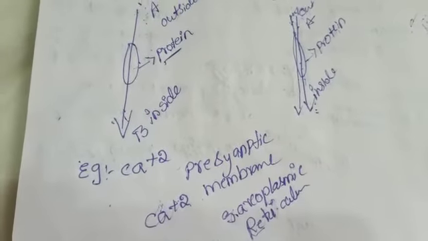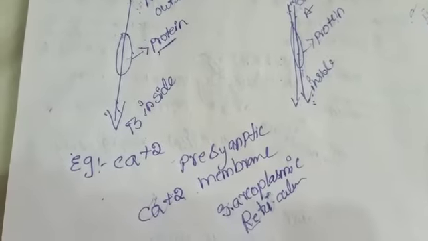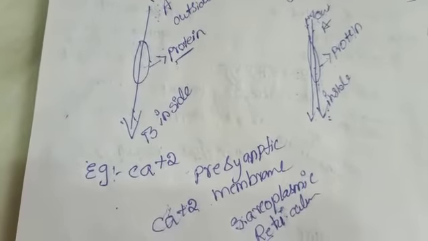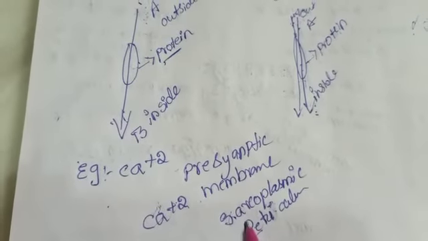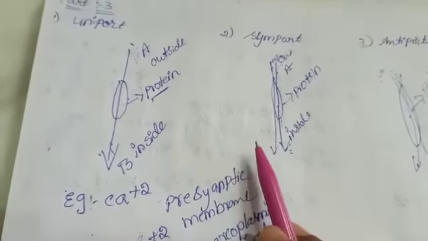The other is calcium ions released in the sarcoplasmic reticulum during contraction of muscles.